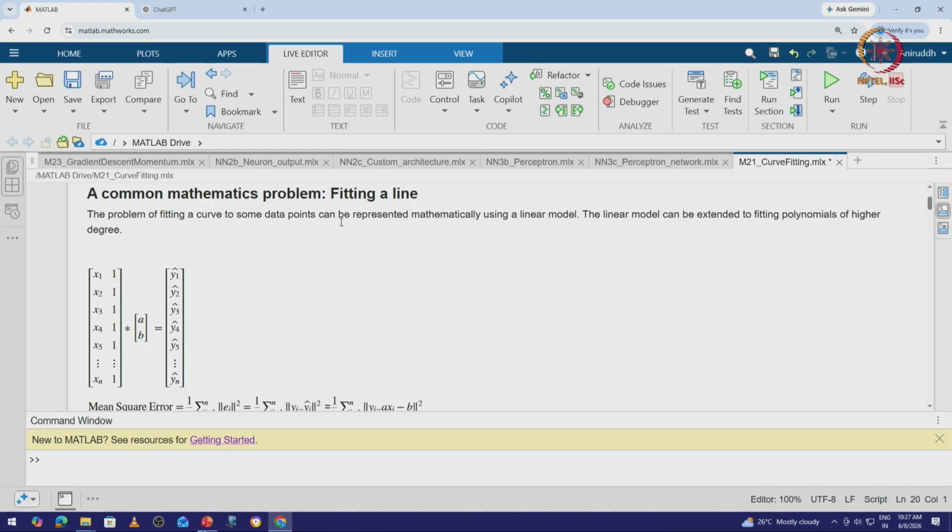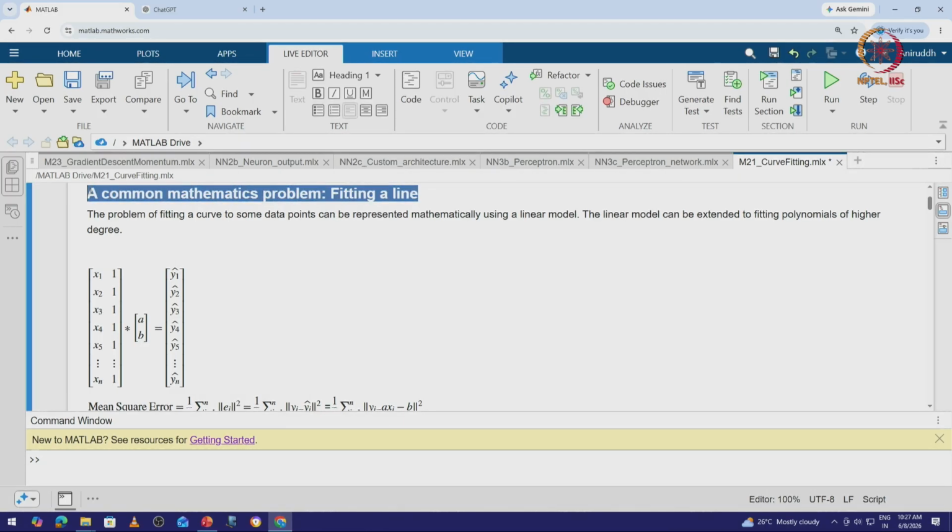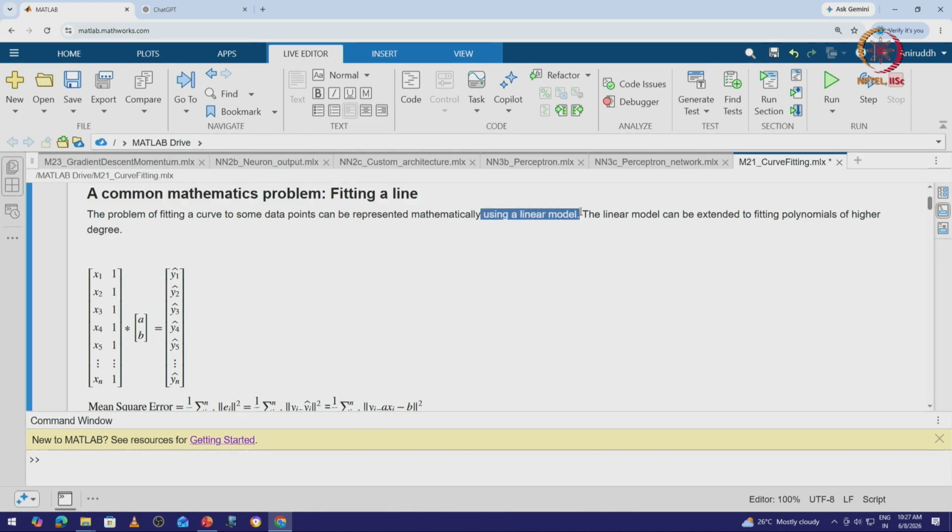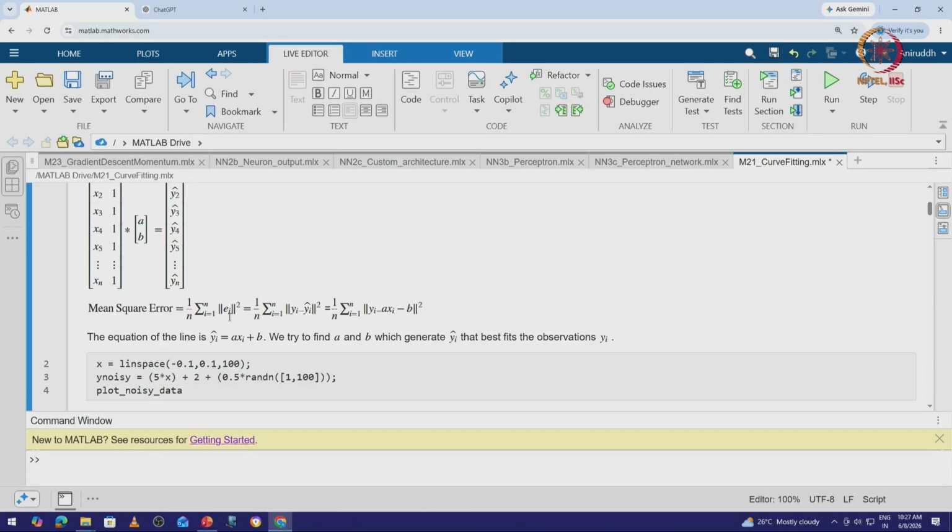As discussed, let us look at a very common math problem, which is fitting a line. The problem is essentially we want to come up with a linear model which is the best fit across various sample points. We highlight y cap as ax plus b. In the previous slide we had denoted it using a matrix form.